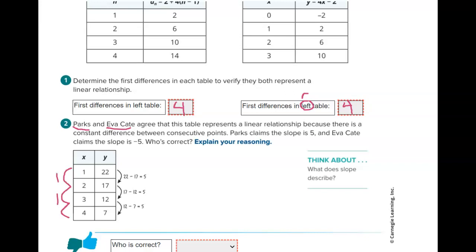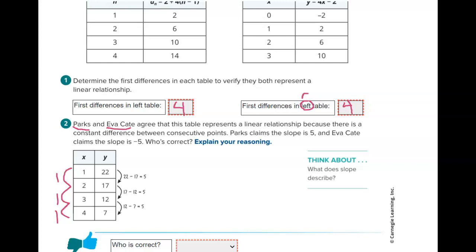So we have a consistent increase over here. And they also noticed that there is a consistent decrease here. It's going down by 5. So they noticed that 22 minus 17 is 5, 17 minus 12 is 5, 12 minus 7 is 5. So they agree on that.